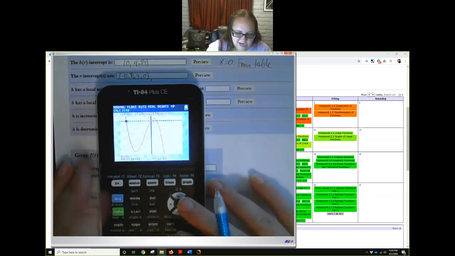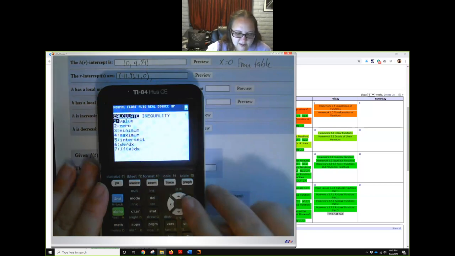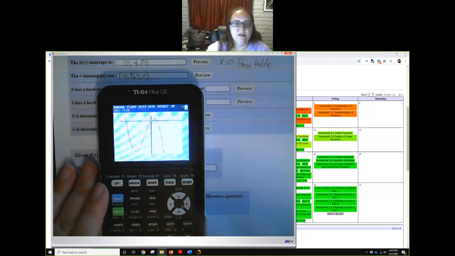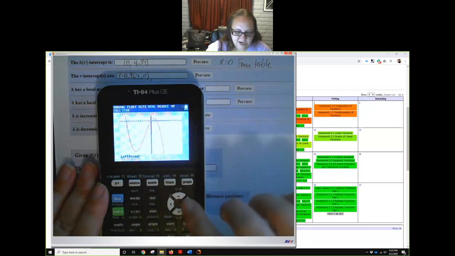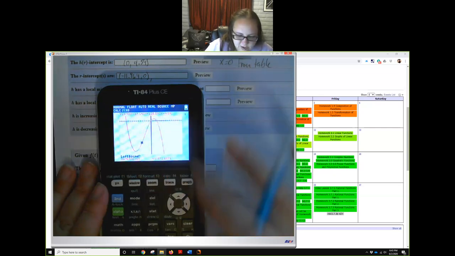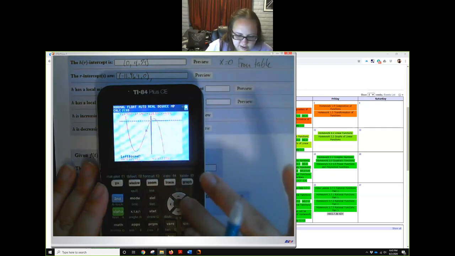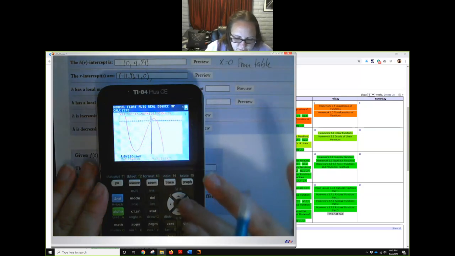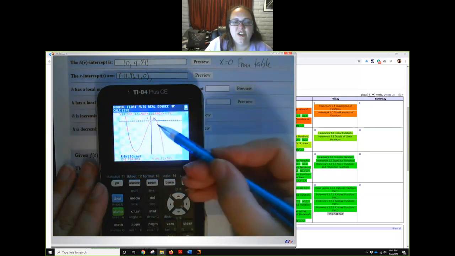Okay, we're going to do that again. Second calc, 0. I'm going to move my cursor over so that it is to the left of the next 0. See, this is my next 0 right there-ish. Anywhere to the left. Enter. Now, you don't want to go too far to the right, because you want to make sure that you don't cross over this 0 right here.